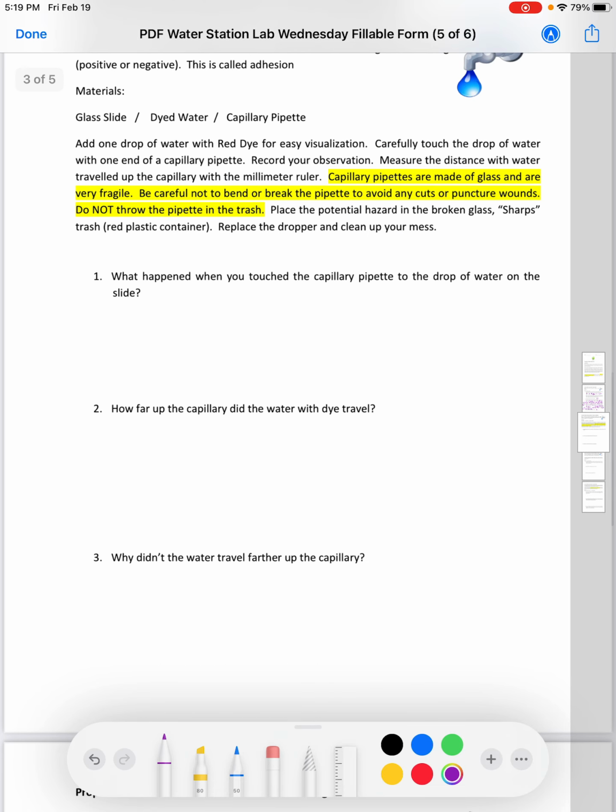Now, what happened when you touch the capillary to the drop of water on the slide?